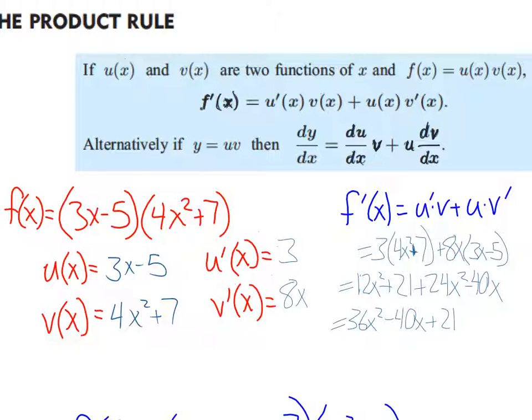So, with a simple one like this, if you would prefer to FOIL it together and just take the derivative, fine. Okay? In this case, using the product rule really is going to take you longer than just FOILing it and doing the derivative. In other cases, though, it might be necessary to use the product rule, or maybe not necessary, but faster.